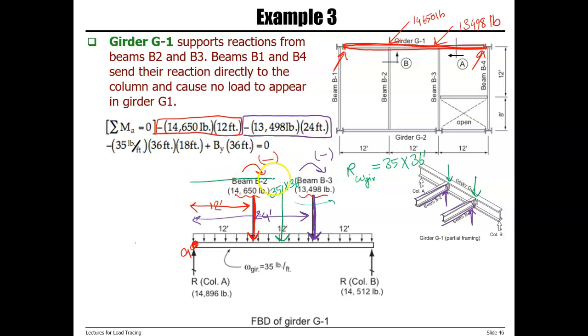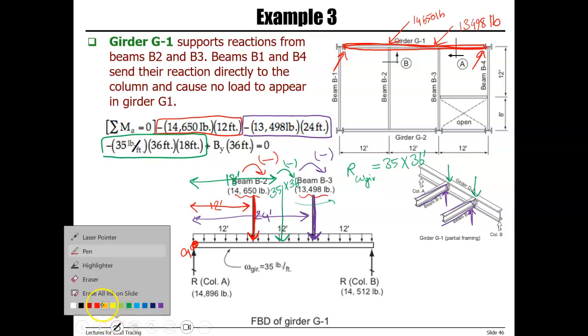And distance of this load from point A is 12 plus 6, which gives us 18 feet. This one also causes a clockwise moment around point A, and we're going to use a negative sign. So 35 times 36 is the resultant. Distance is 18 feet.